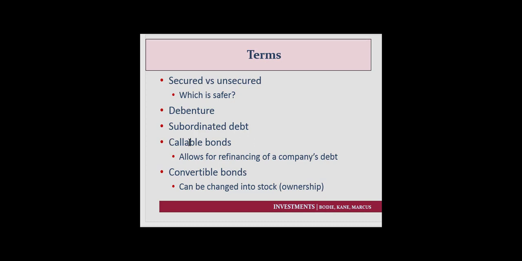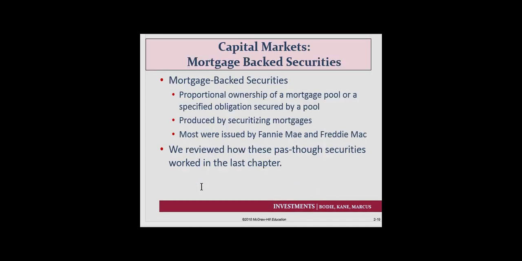We can have callable bonds that allow for refinancing. We can have convertible bonds that can be converted into stock, so you change your position from being a lender to an owner. Again, these are just terms. When we get to a later chapter, we'll discuss this in more detail in the bond sections.